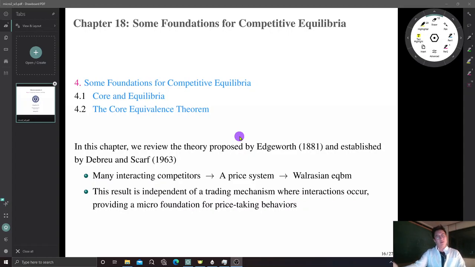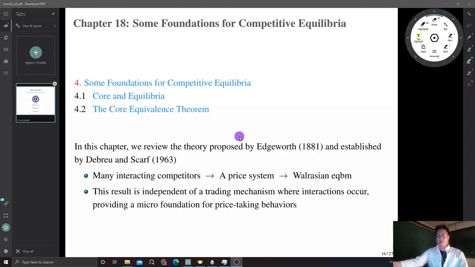So using that utility function, we can formulate the utility maximization problem from which we can derive the demand function using the Lagrangian multiplier method, right? That is actually what we have studied in chapter 3, when we studied consumer theory and consumption behavior in the first sequence of microeconomics.